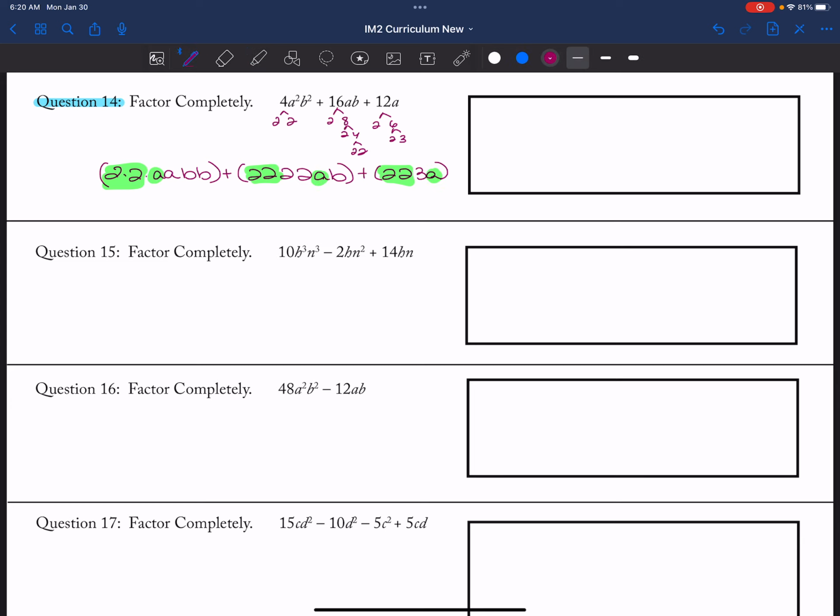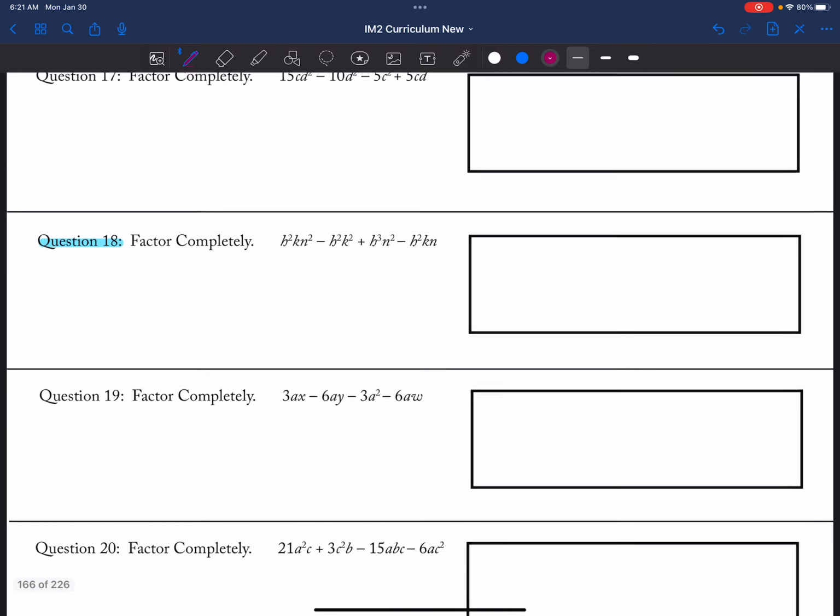Okay, so 4a comes out, so I'm left with ab squared plus 4b plus 3 is what I'm left with. ab squared plus sign, 4b plus sign, and a 3. So 4a times ab squared plus 4b plus 3. All right, 18.